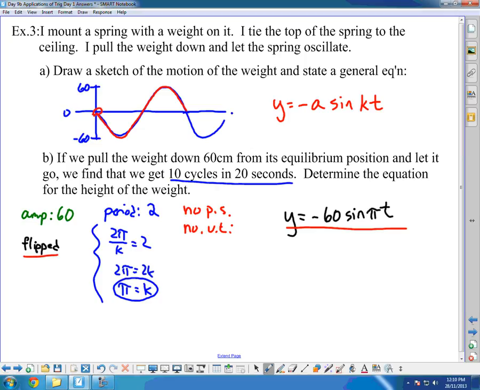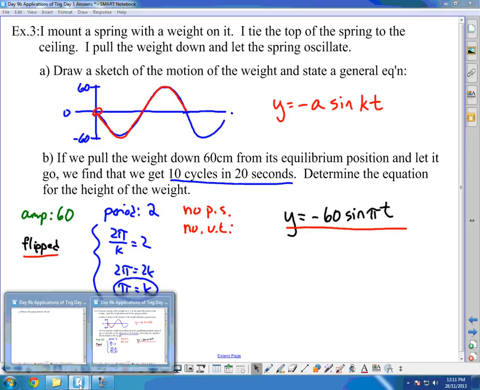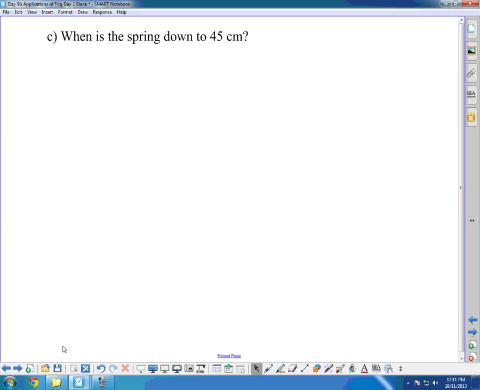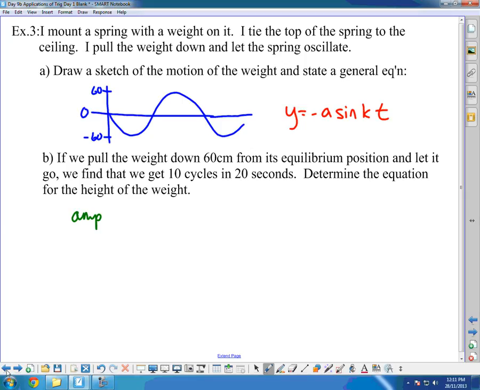Now we're going to go off and answer the third question, which is, when is the spring down to 45 centimeters? So the first thing we have to recognize is that down 45 centimeters means 45 centimeters below its resting point. So that's what I'm referring to as negative 45 centimeters. If we go back and look at our picture, down 45 centimeters would be someplace there.